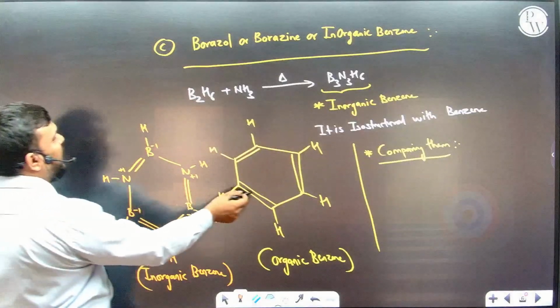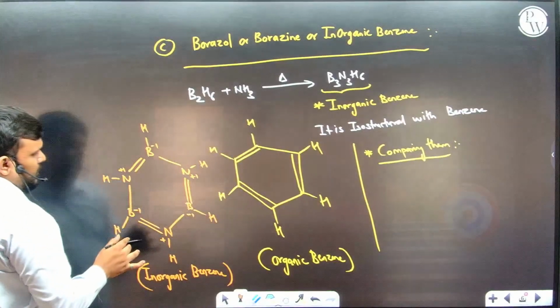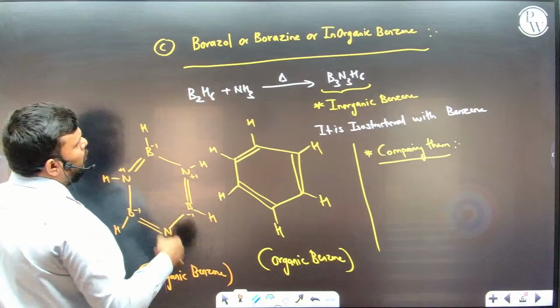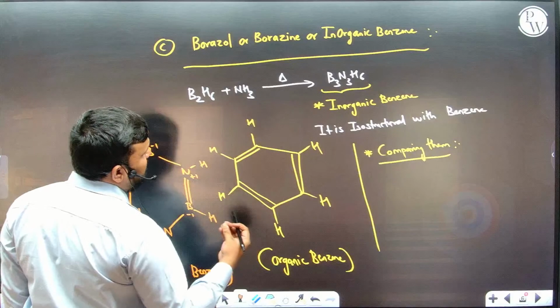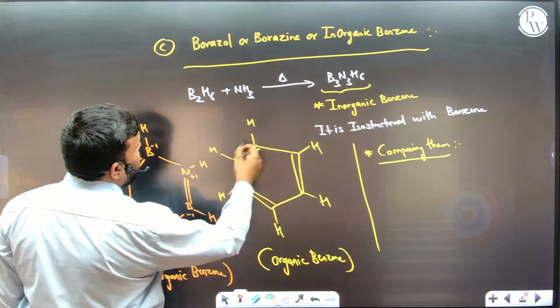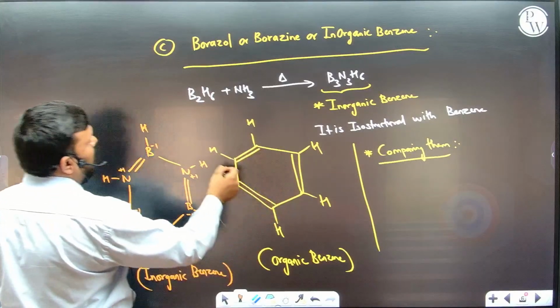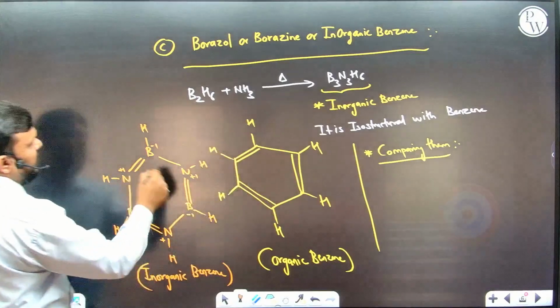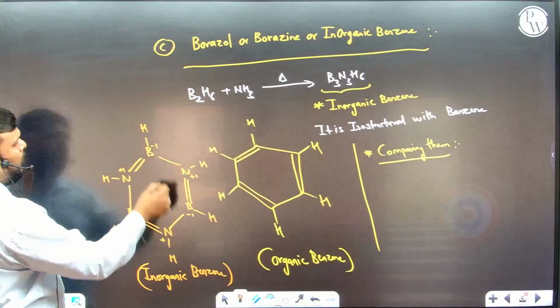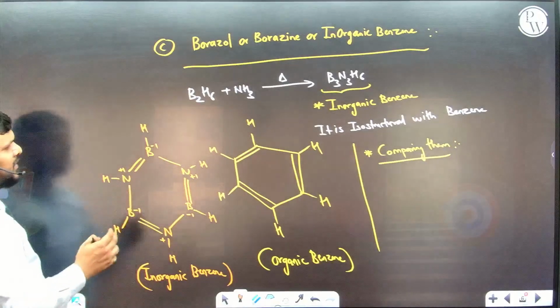This is the original thing, and this is the duplicate. Or you can go through the important basic thing: if there is resonance among carbon atoms, there is no energy difference over here, but the resonance over here is between boron and nitrogen, so there will be some energy difference.